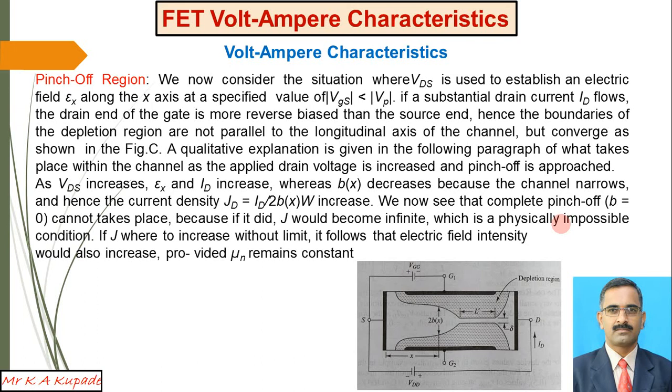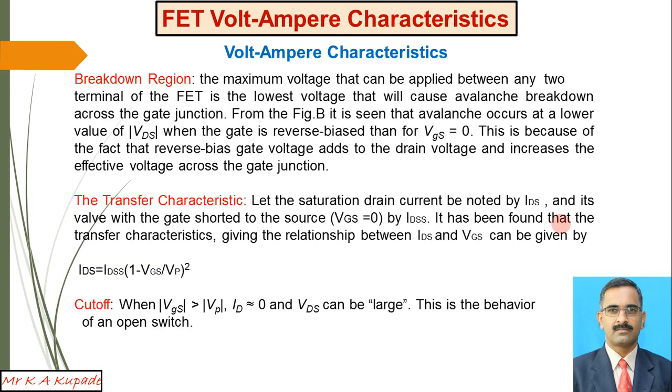If J increases without limit, the flow of electrical density would also increase, and mu remains constant. That is again a consideration there. Now the breakdown region.